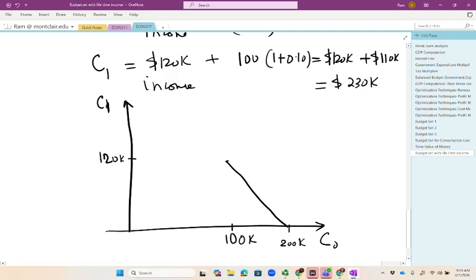Now, the second aspect is when the consumer is saving part of the current income to consume more than the income when retired, and that number we saw was 230k. So the consumption set will now look like this. There is a change in slope at the endowment, which is 100k current income, 120k future income, and this is the more realistic part.